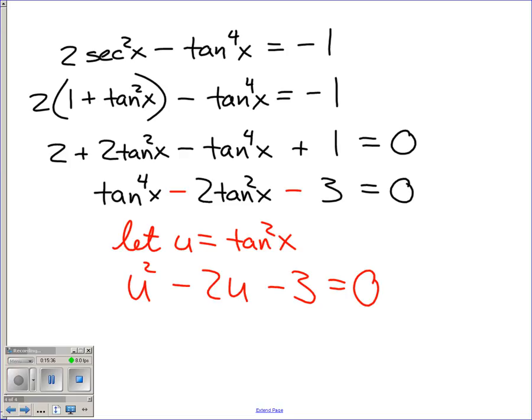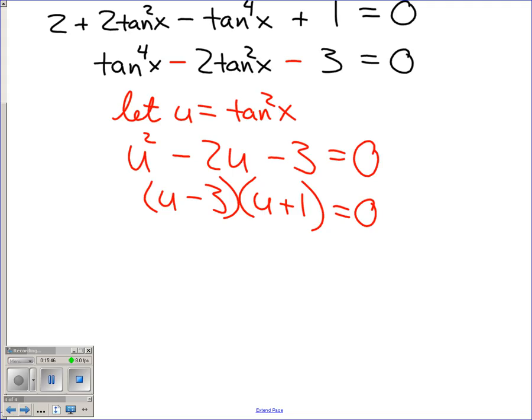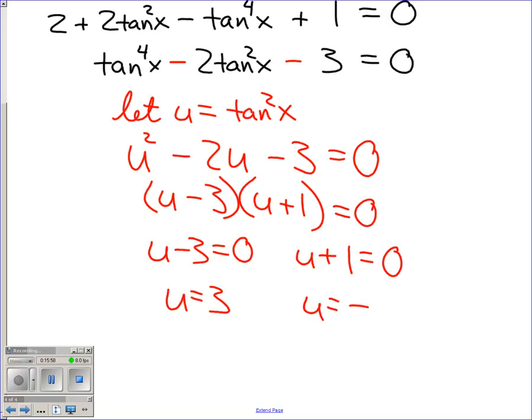Well, now this is a very simple quadratic equation to factor. So let's write down the factorization here. U minus 3 times u plus 1, setting both factors equal to 0. And then solving, we have u equals 3, or u is equal to -1.